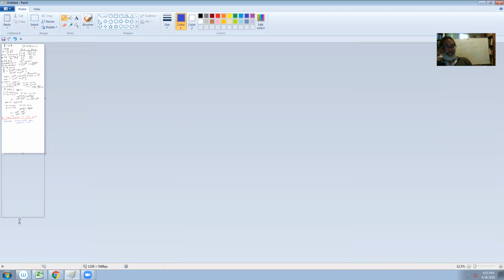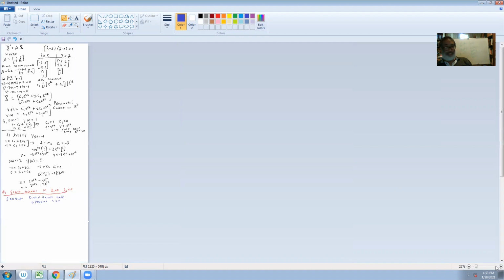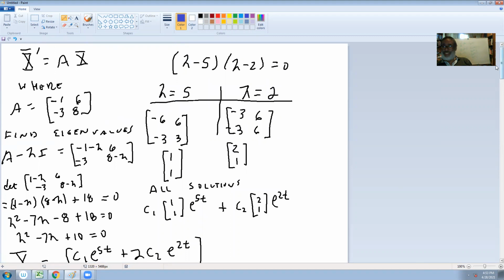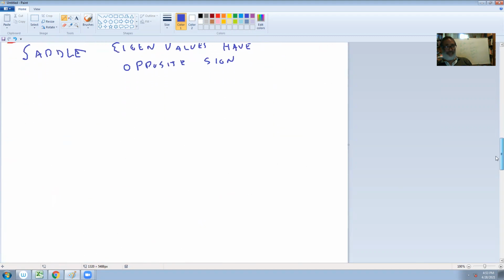So I'll just extend this. And I have some of the notes that are typeset, but the example I have worked out here is A is equal to 1, 4, 2, minus 1.